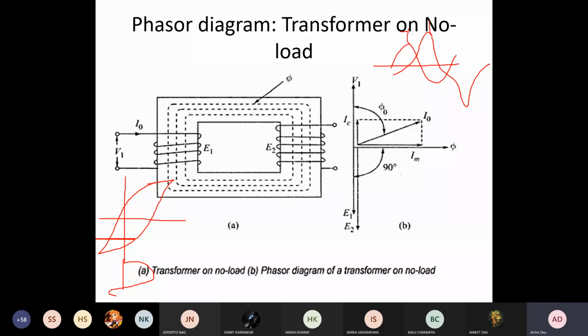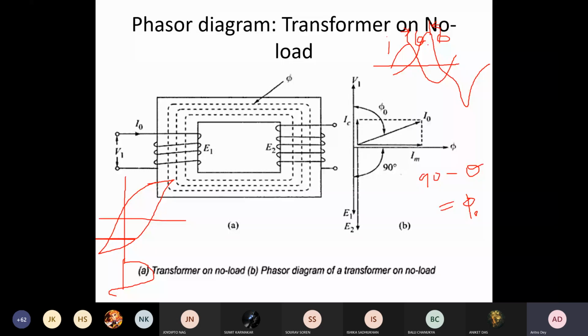If the angle between your I and phi is theta, then 90 degrees minus theta will give you your phi 0. If theta is zero, there is no lag between I and phi, then there will be exactly a 90-degree phase shift. But in the actual case, when hysteresis is present, you get this angle.